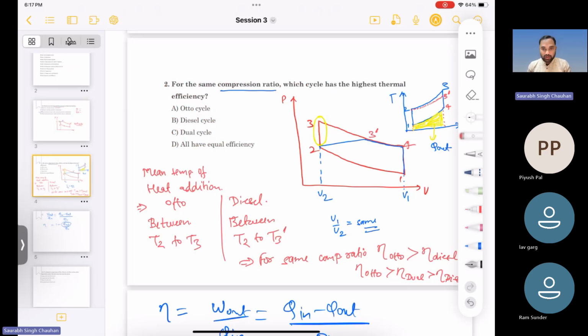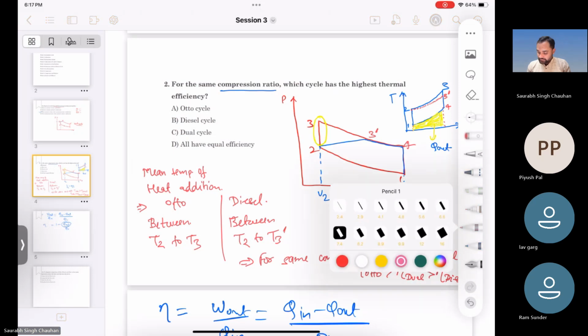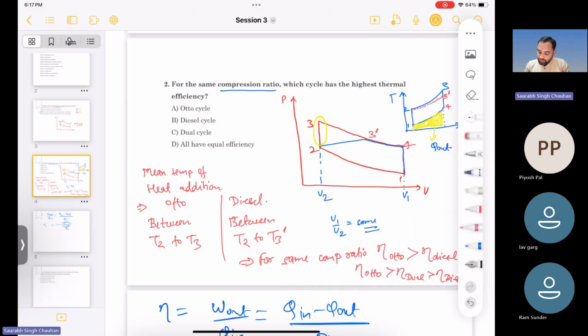The only term that is different is Q in. For the Otto cycle, Q in will be this region, 2 to 3, and for the diesel cycle it will be 2 to 3 dash.